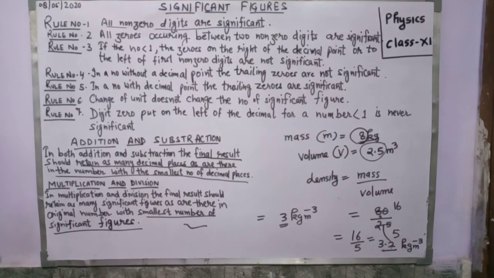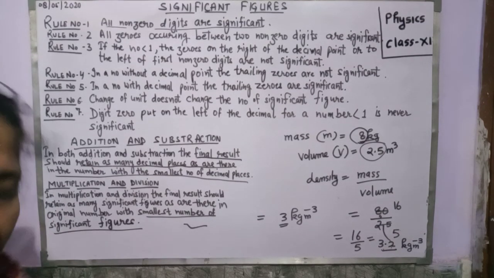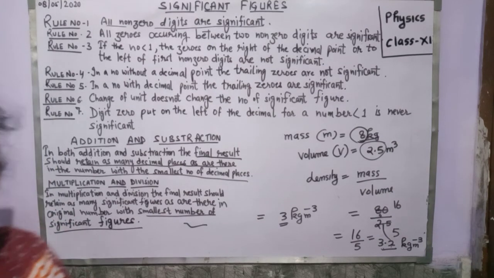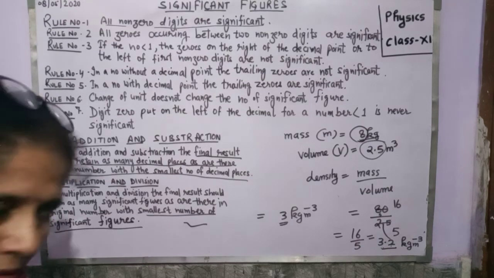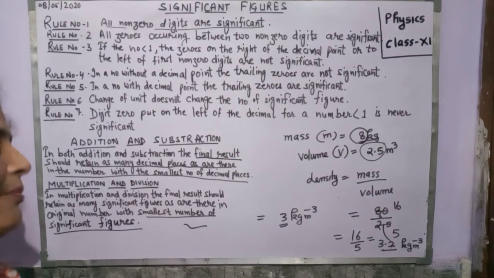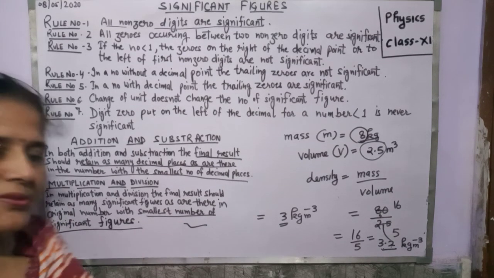Similarly in the case of multiplication also, you have to observe: first write all the numbers, put them in the formula, and after the result is obtained, round off the result up to the significant figures that the measurement with the least has. Which measurement has the least significant figures?